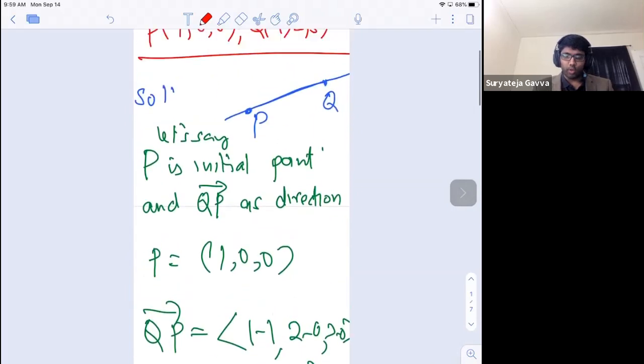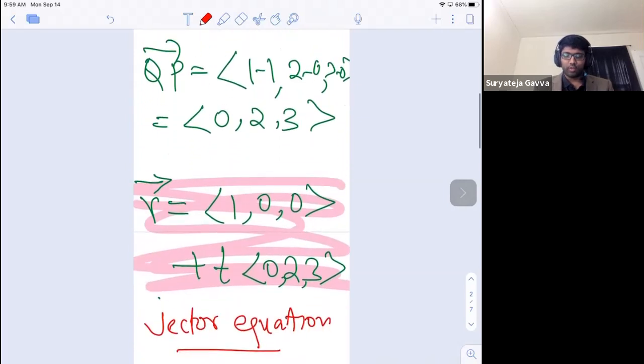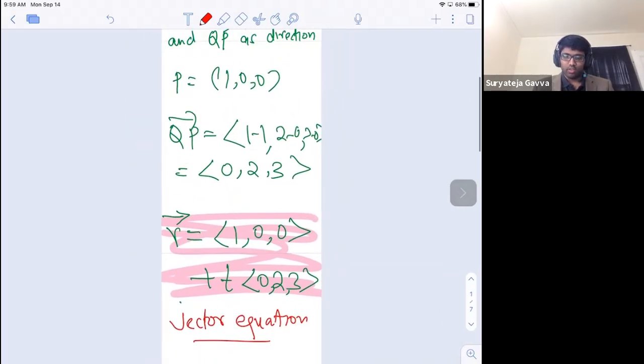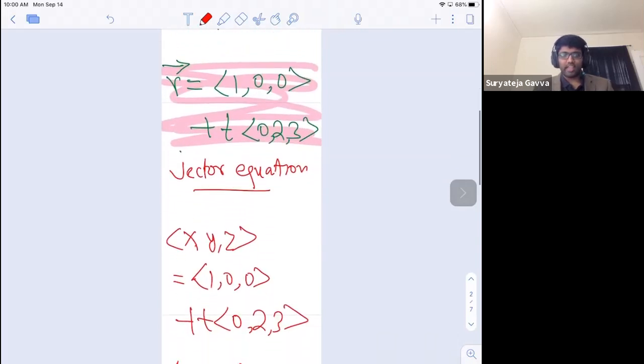So P and Q are the points, and I'm saying the direction is QP. That helps you write our equation. My any point would be the initial point plus t times this direction. This is the initial point (1, 0, 0) plus t times the direction vector. Okay, and when I write it in coordinates, say the coordinates of my point r on the line are (x, y, z).